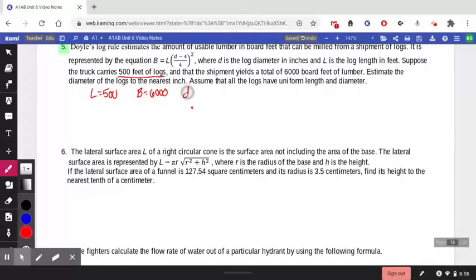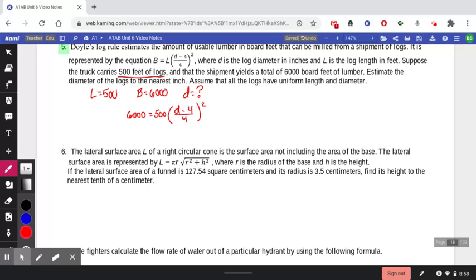So we're going to say diameter is equal to what? That's what we're solving for, right? We're assuming that all the logs in this case have the same diameter, or you could look at it like we're solving for that average diameter. So we plug these numbers in first. So we get 6,000 is equal to 500 times D minus 4 divided by 4 quantity squared.